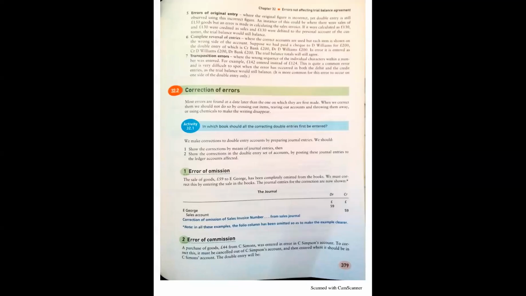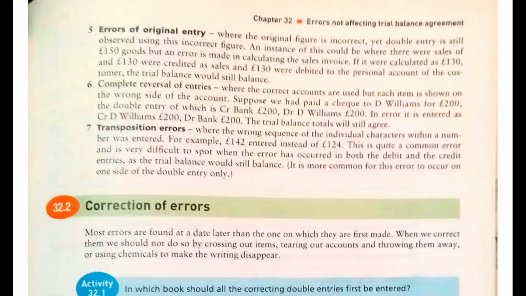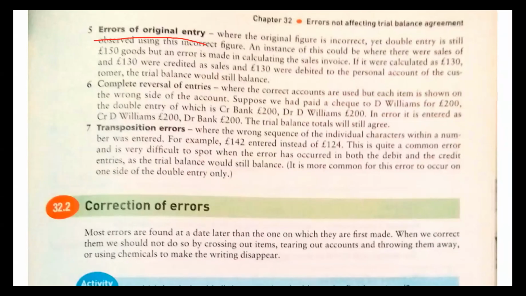We can progress and look at the errors of original entry. Here the original figure is incorrect, yet double entry is still observed using the incorrect figure. Take an example: if you make sales of goods worth 150 kwacha, then instead of recording 150 kwacha, you record 130 kwacha, and this 130 is recorded both on the debit and on the credit side.